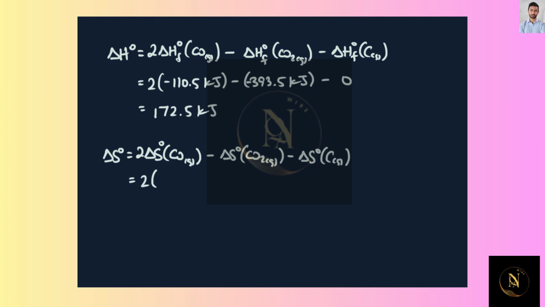This is equal to 2 times 198 joules per Kelvin minus 214 joules per Kelvin minus 6 joules per Kelvin. This will work out to delta S naught of 176 joules per Kelvin.